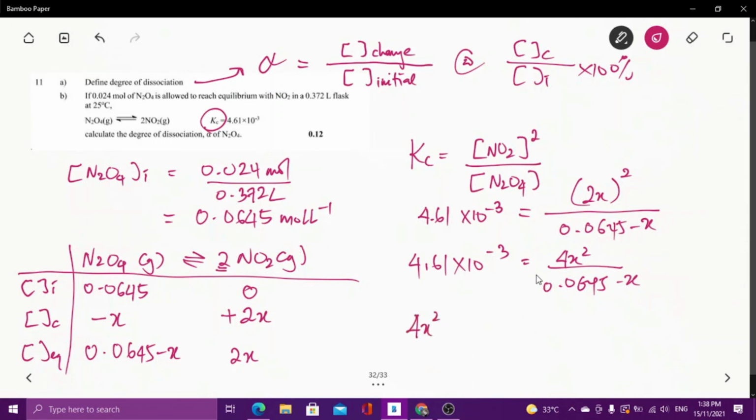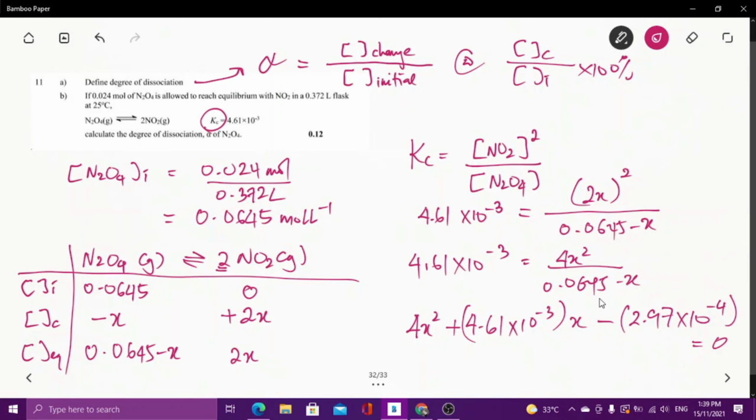So 4x square plus 4.61 times 10 to the power of negative 3 times x, and then minus, sama dengan kosong.